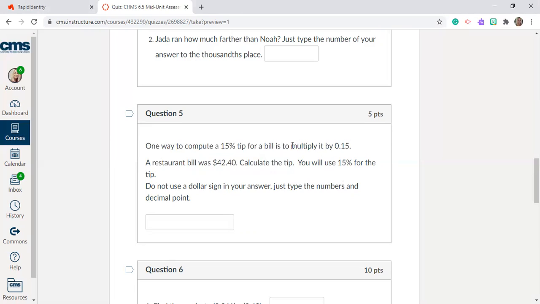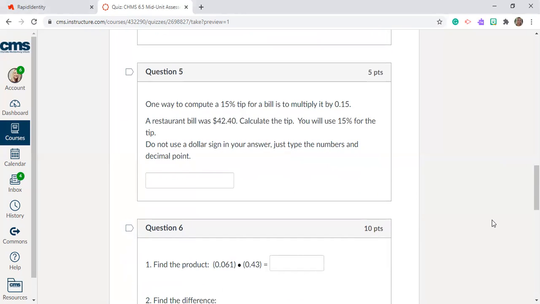Okay, so what does it say? We're going to take the amount of the bill and multiply it times 15% or 15/100ths. When you put your answer in, do not use a dollar sign, just type the numbers and the decimal point. Pause and do the work.